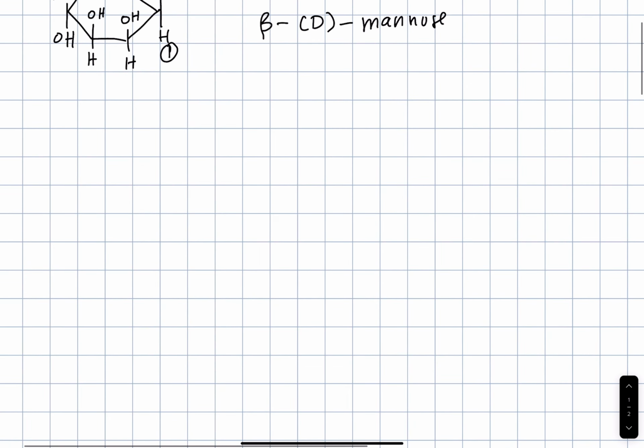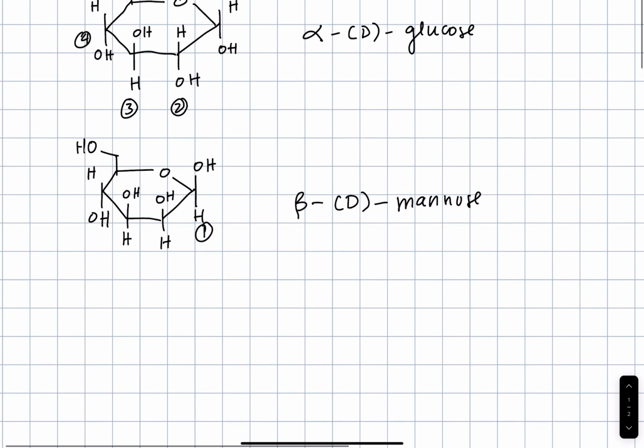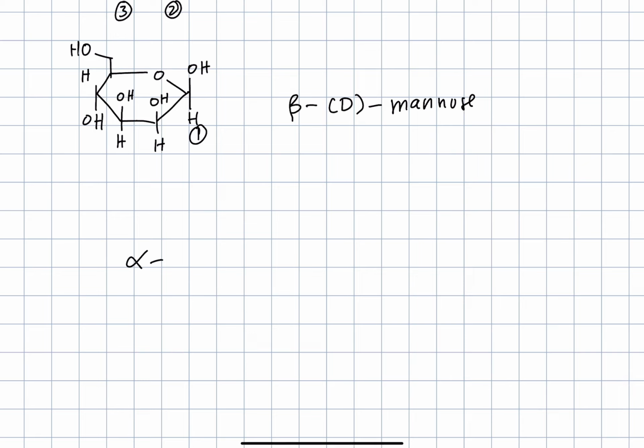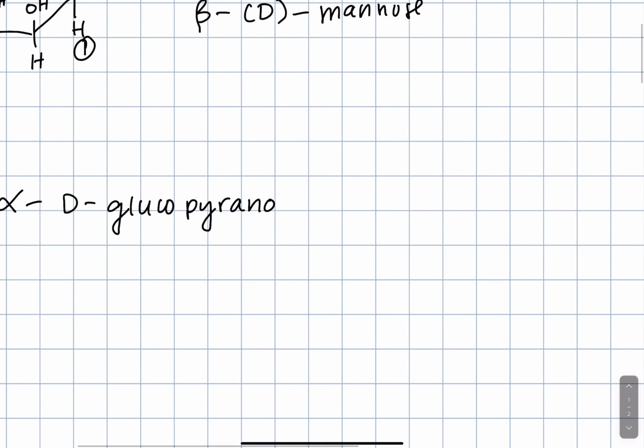In this case, I think I'm going to go alphabetically, so I think I'm going to start off with glucose. So we're going to have the full name, which is alpha-D-glucopyrano, because again, it's an aldose, and then we're going to add the "osyl" ending.